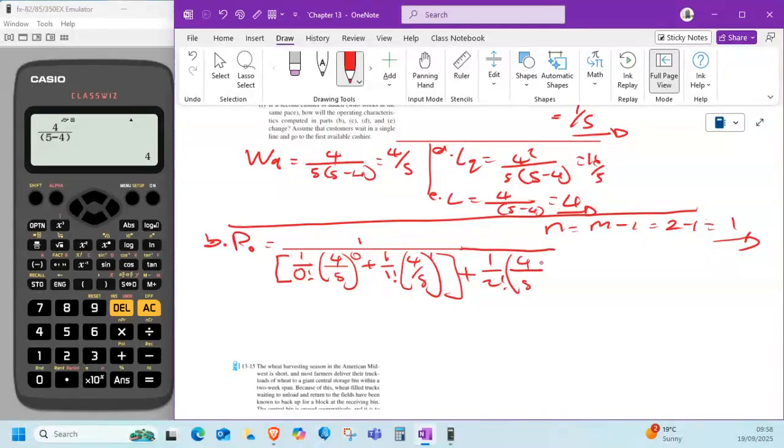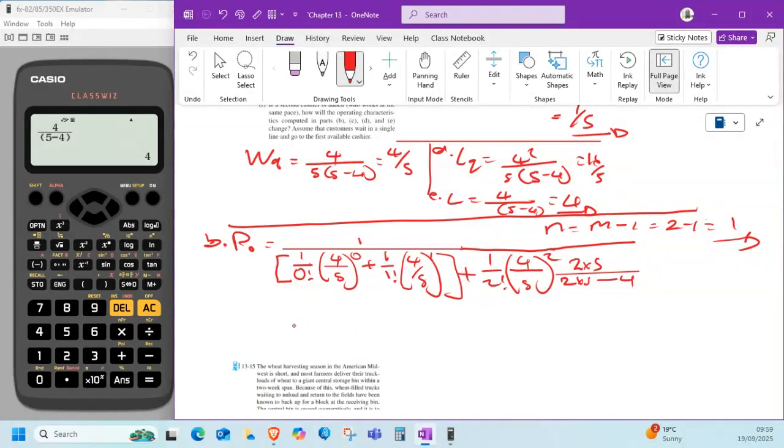Then 4/5, then M there is 2. Minus, not minus, 2 multiplied by 5, and then 2 multiplied by 5 minus 4. So this is what you're going to write.